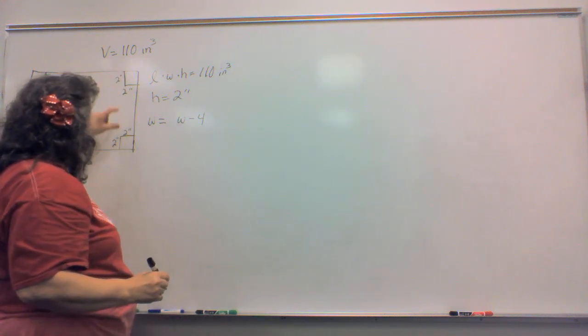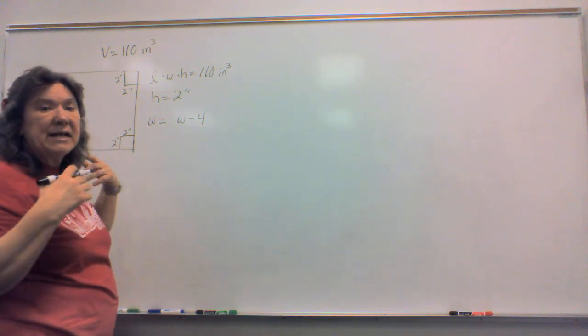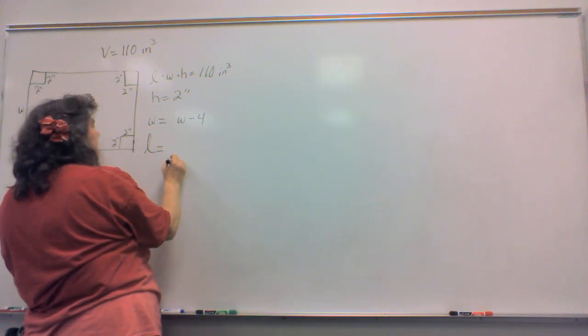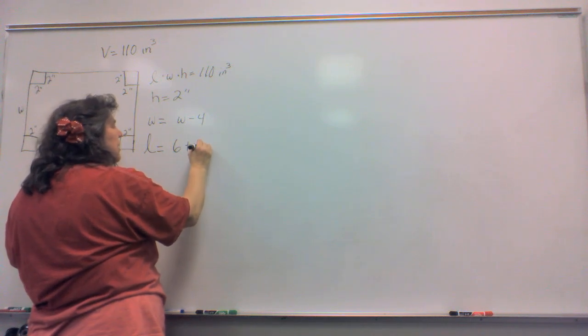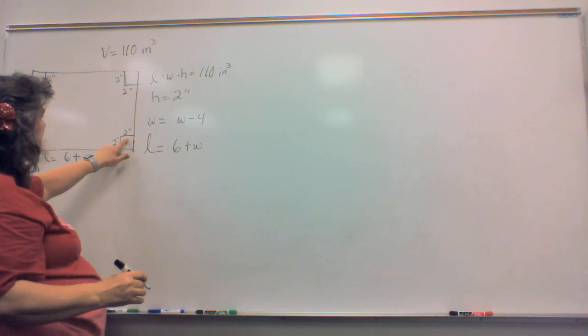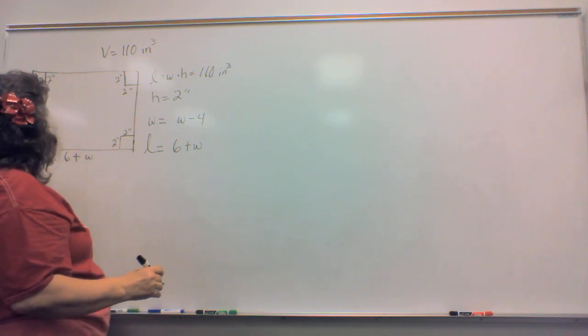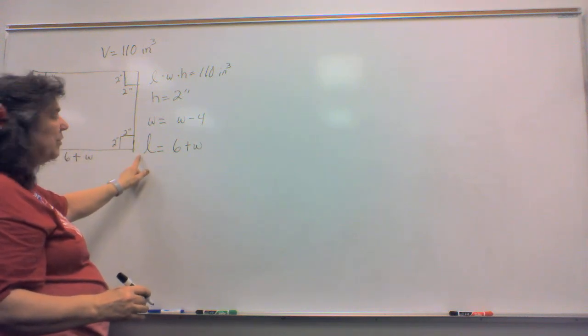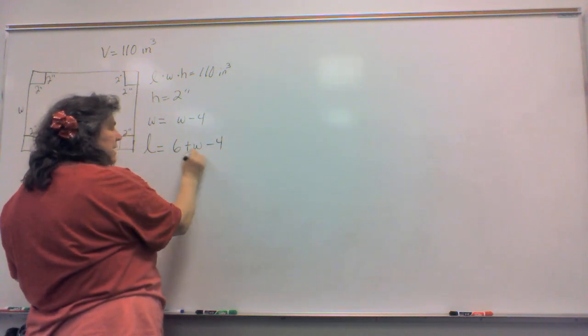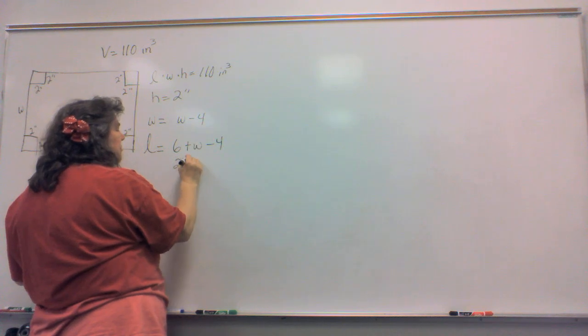Because here's 2 inches and here's 2 more inches that are going to be taken out of that width. My length, on the other hand, which is 6 plus W, is also 4 inches less. See, 2 inches here and 2 inches here, because the entire cardboard was 6 plus W. So this is minus 4. Let's simplify this to 2 plus W.